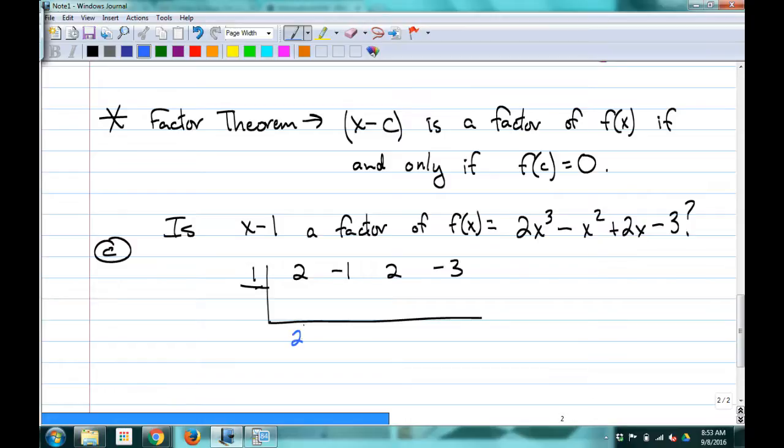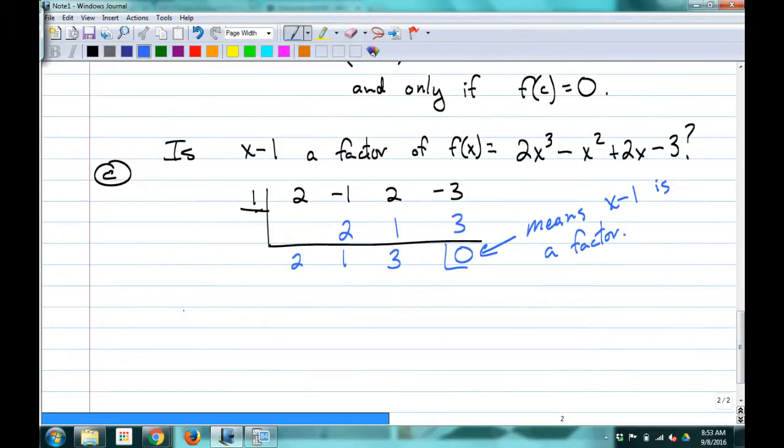So 2. You get a remainder of 0. If you get a remainder of 0, then that means it is a factor. It means x minus 1 is a factor. If you get anything else there, it's not a factor.